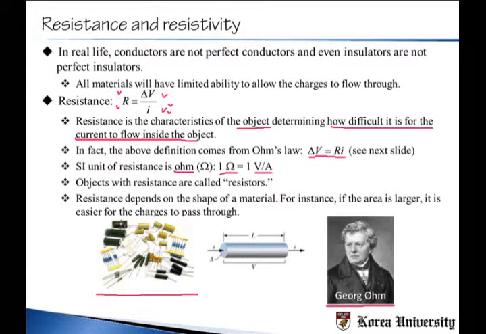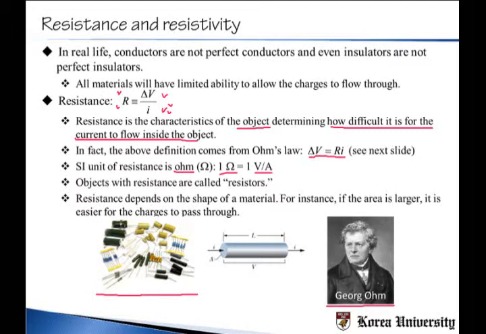So imagine you have a pipe of water going through, and if the pipe is very wide, then it will be easier for water to go through, and if the pipe is very long, then it will be more difficult for the water to flow.